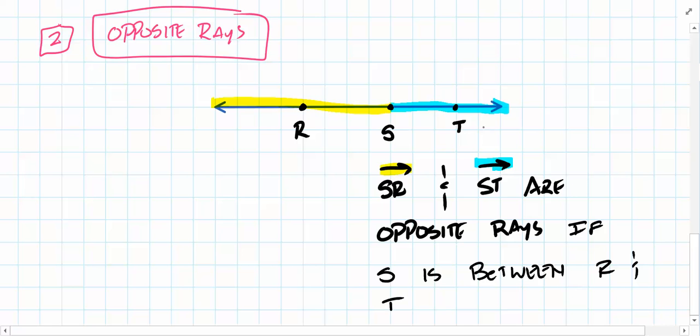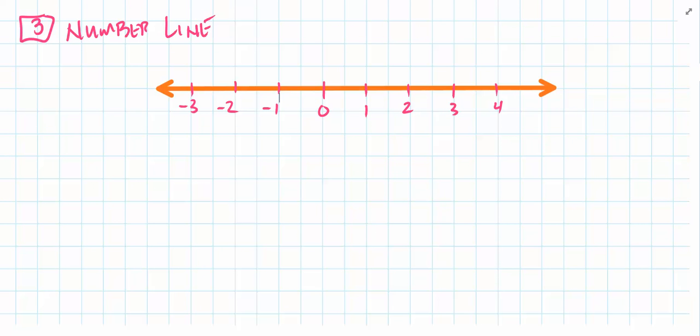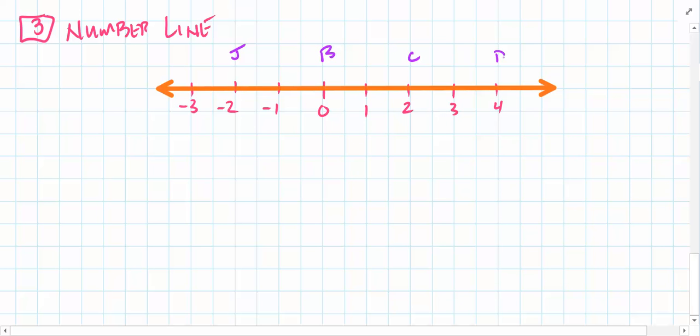How about it? Tell me something about the number line. It's got numbers on it. I like that. What else? It's got negative and positive. What else? Extends infinitely. Starting to sound familiar, right? Okay. Well, the cool thing about the number line is there's a relationship here. So what am I doing here? I have a number line, and these lines have numbers on them.